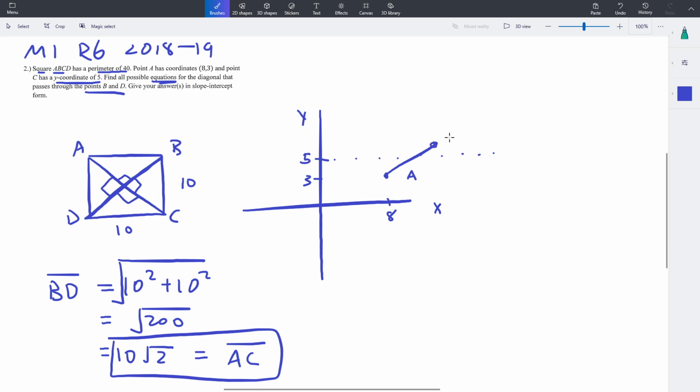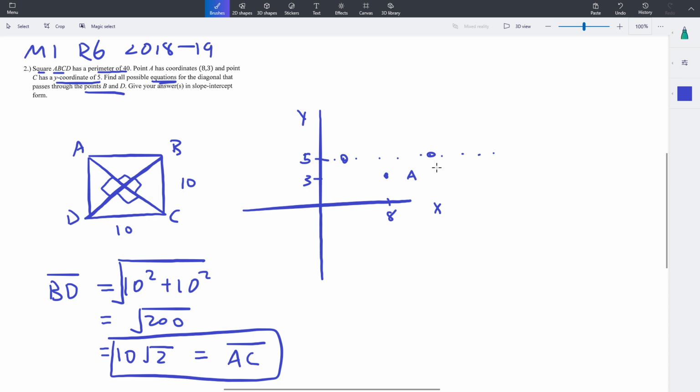So point C will only land in 2 places, because if you think about a windshield wiper, if it goes left, it can only hit that y coordinate equals 5 line at one point on the left, right? You swing it down there somewhere, and you swing it down to the right somewhere over there. So there's only really 2 places it could be, to the left and to the right.